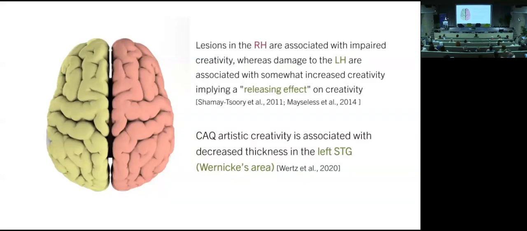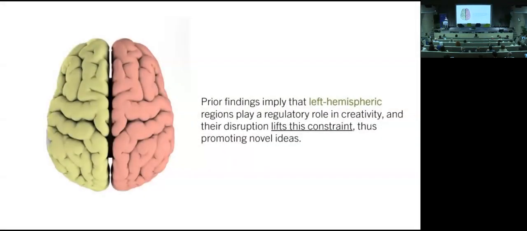Again, if we look at other measures like artistic creativity, it seems to be associated with decreased thickness over the left superior temporal gyrus, which is also known as the Wernicke area. To summarize the big literature on hemispheric differences, we can say that prior findings imply that the left hemisphere regions do play a regulatory role in creativity, and their disruption seems to promote novel ideas.